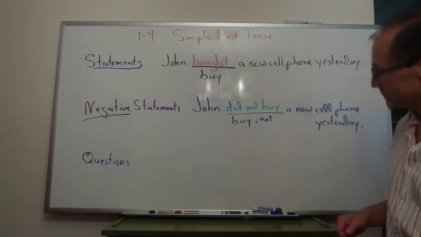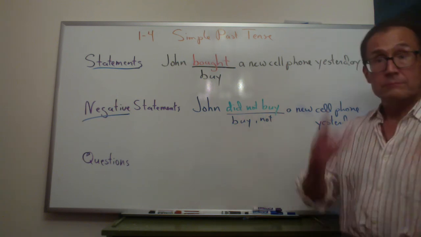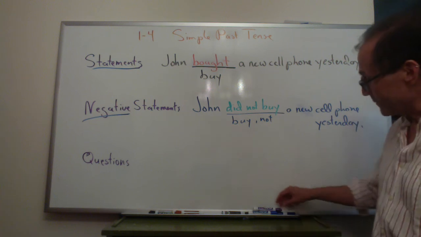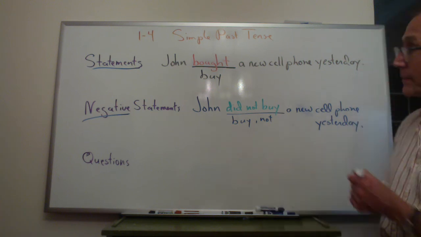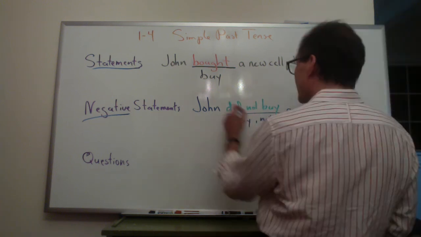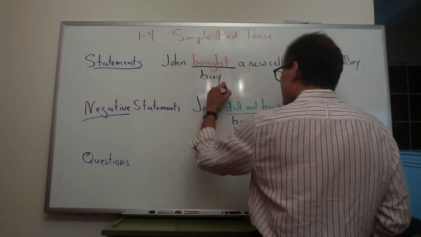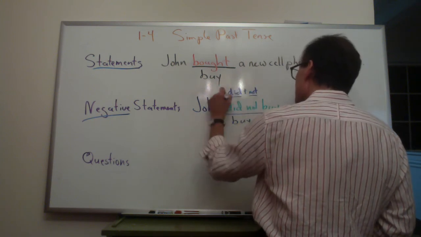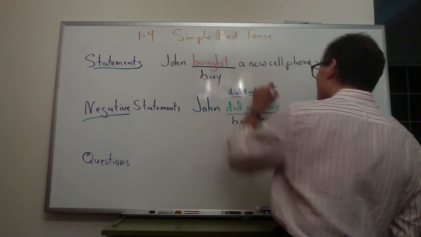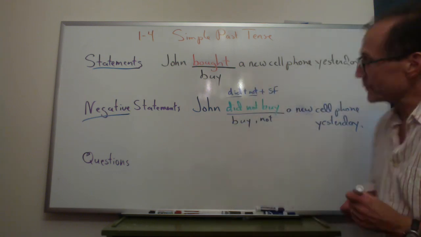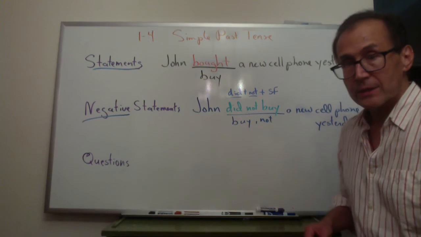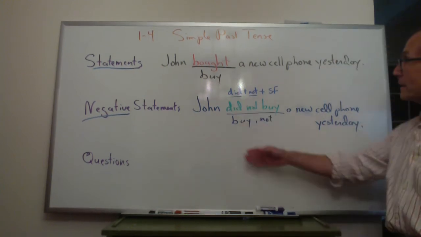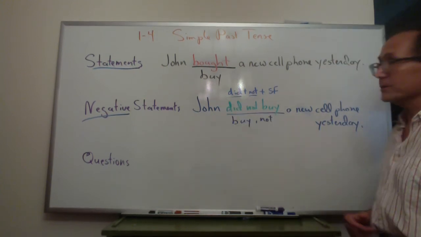Now, this is the way that I make a negative past statement in English. What I have here is did plus not plus simple form. So I could say John did not buy a new cell phone yesterday.